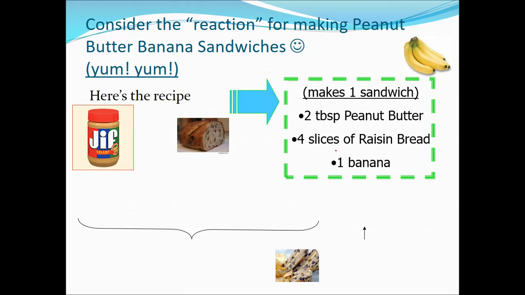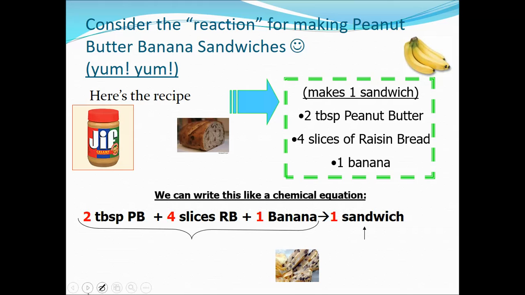So let's take this recipe and let's write it so that it looks sort of like a chemical reaction. So let's see what that would look like. If you were to write that so that it looks sort of like a balanced chemical reaction, you would write 2 tablespoons of peanut butter plus 4 slices of raisin bread plus 1 banana yields 1 sandwich.